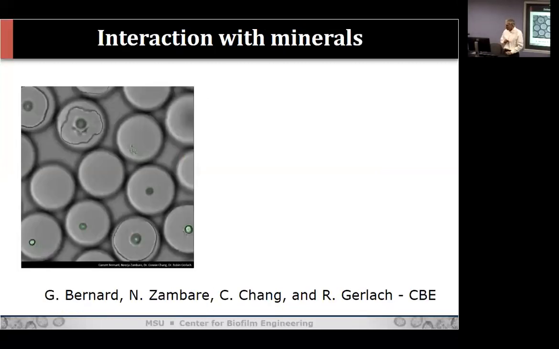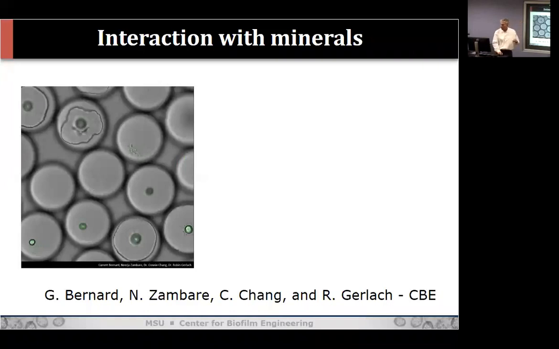And here's an example from our own center of microfluidic droplets, really tiny individual test tubes in which a bacterium has been trapped. The bacteria are green, and these bacteria are able to, by their metabolic activity, facilitate the deposition, the precipitation of a mineral phase, calcium carbonate.